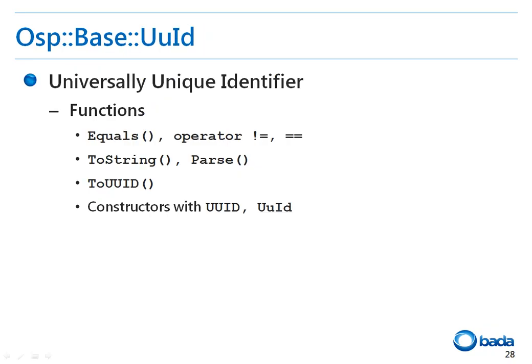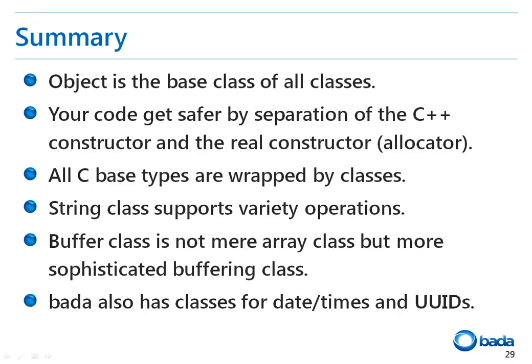Finally, the OSP base namespace provides the UUID class that is used to represent a universally unique identifier. Functions are provided to identify whether two UUID values are the same, to convert a UUID into a string, and to convert a string into a UUID value.